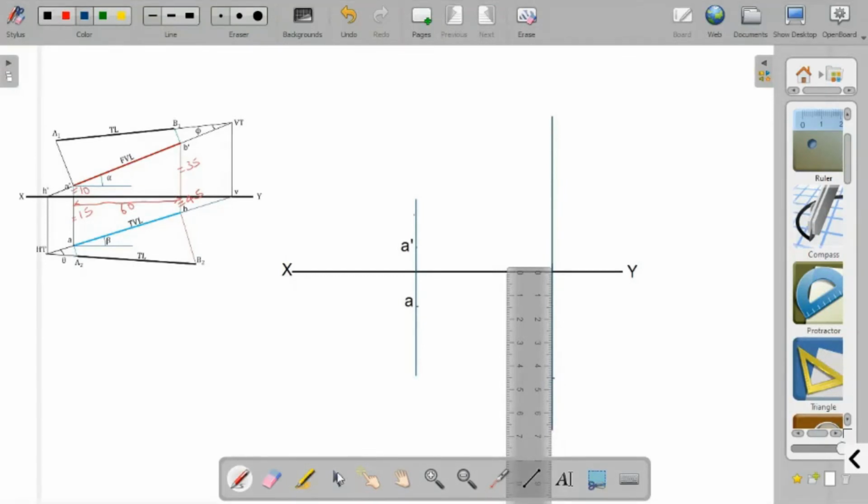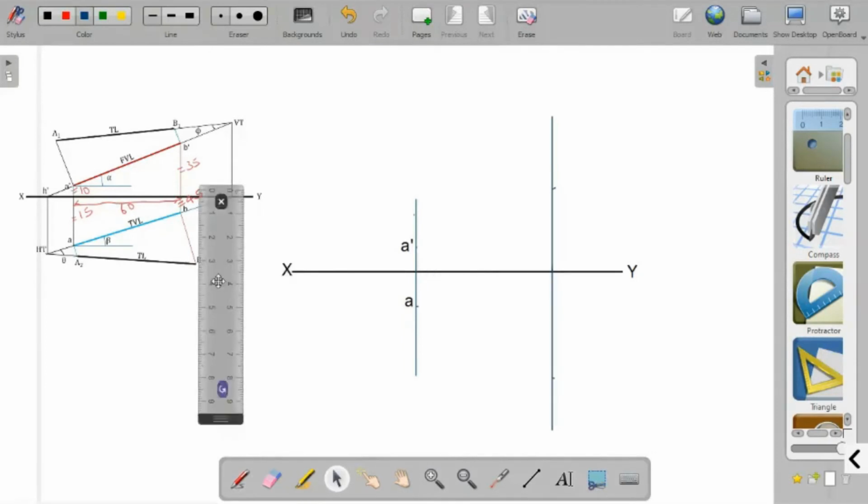So this is point B, and 35 millimeter above the XY line, we mark point B dash. So now you can join B as well as B dash using a straight line.